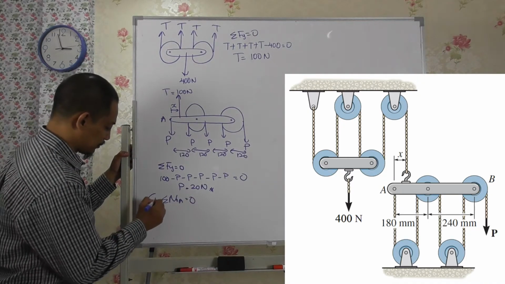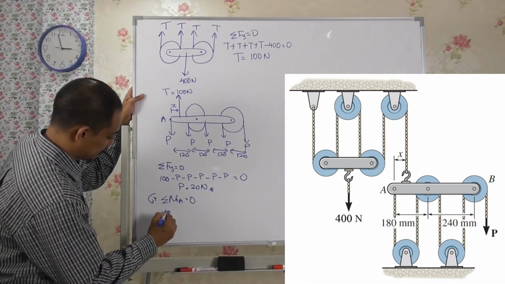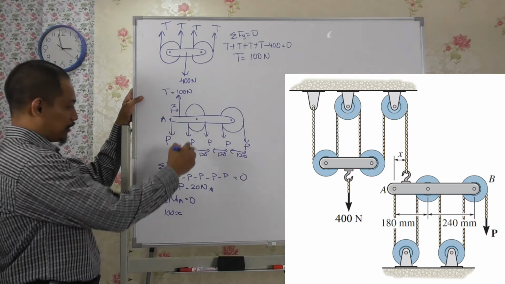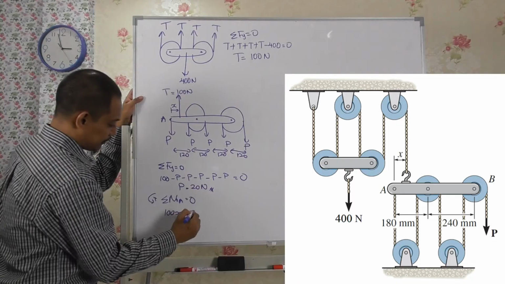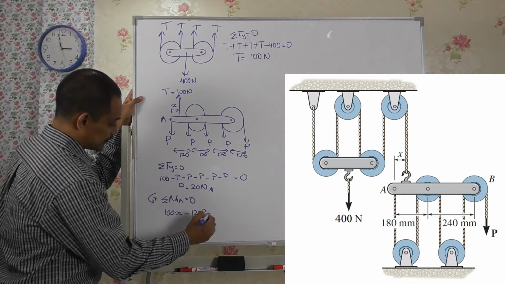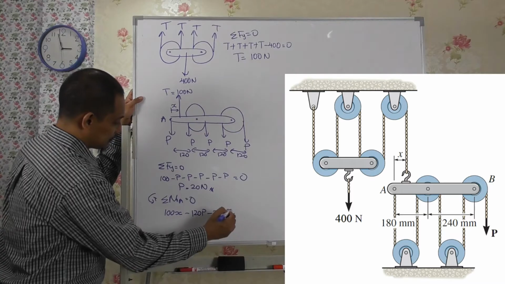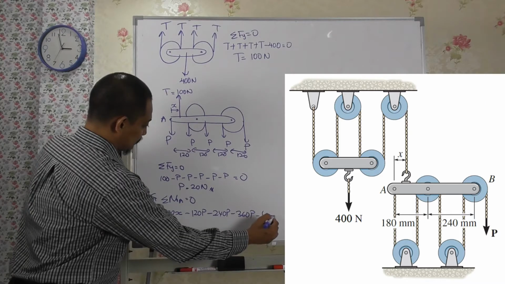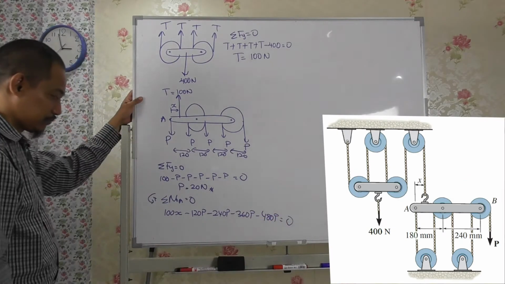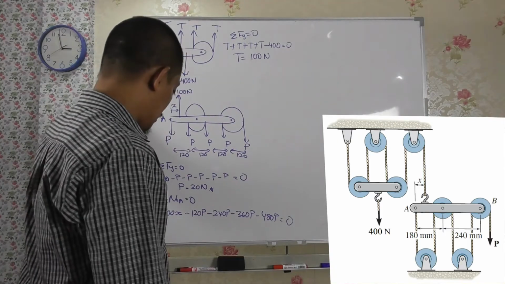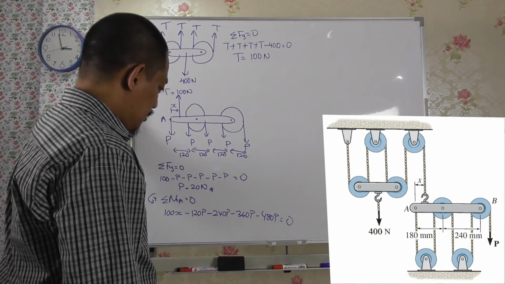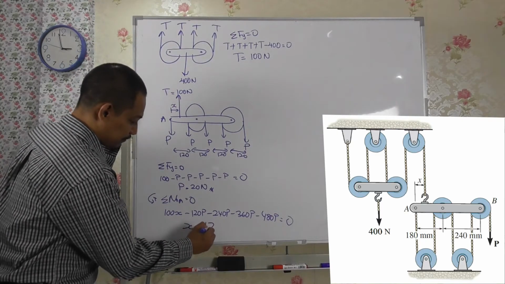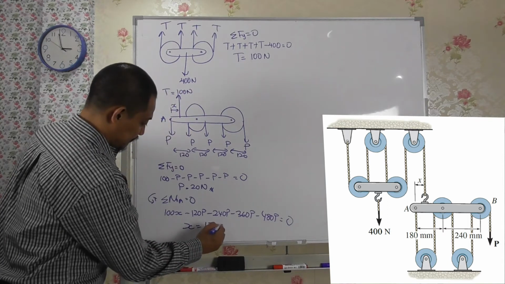If I take counterclockwise positive, you have 100 from T, 100 times x, and then minus 120P, minus 240P, minus 360P, minus 480P equal to 0. So if the calculation is correct, then x equal to 12 millimeter.